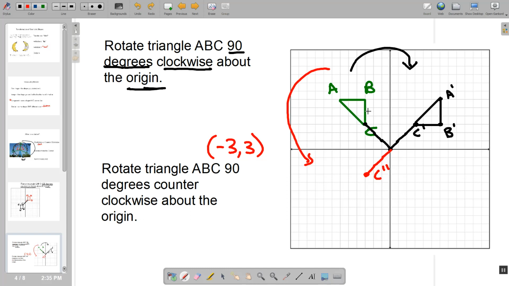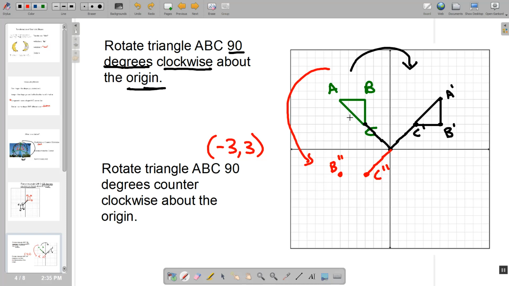So now this is where it gets a little bit tougher to tell where everything goes. So this time A is going to rotate all the way down, which means B is going to be closer to the x-axis because B is going to rotate and stay up here. So 1, 2, 3 units away from C, 1, 2, 3, our B double prime has to be right there.